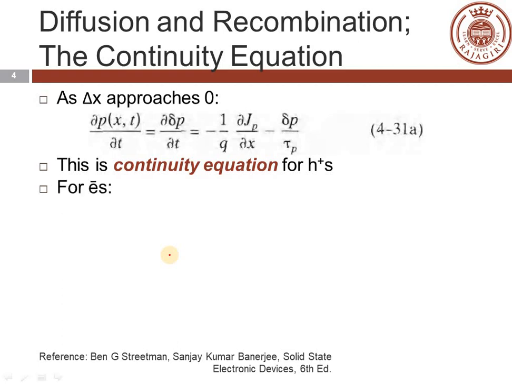Similarly, we can write the continuity equation for electrons as dou delta n by dou t equal to 1 by q dou Jn by dou x minus delta n by tau n.